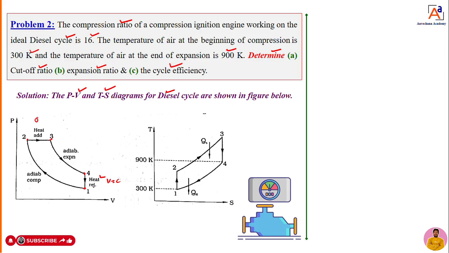Heat addition is at constant pressure, P equal to constant, whereas heat is rejected, that heat rejection is QR, at constant volume. The variation of temperature can be seen in the TS diagram, the temperature versus entropy diagram, dear students.